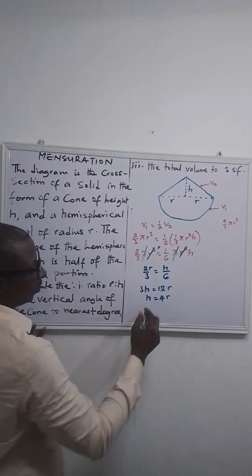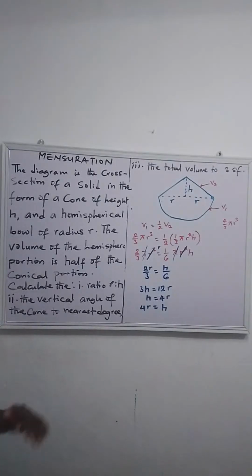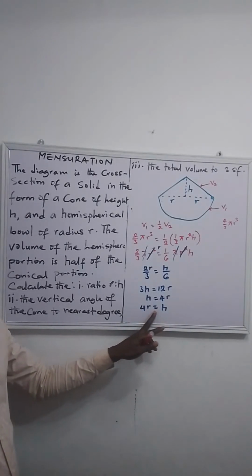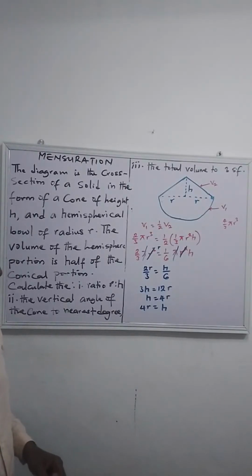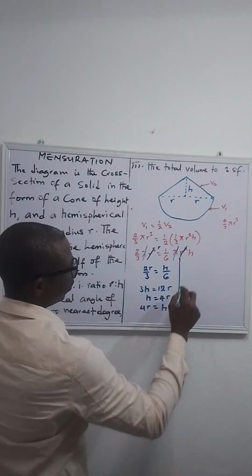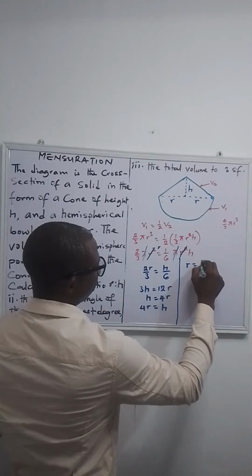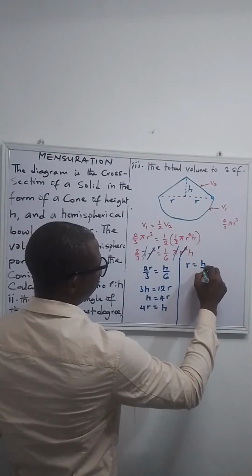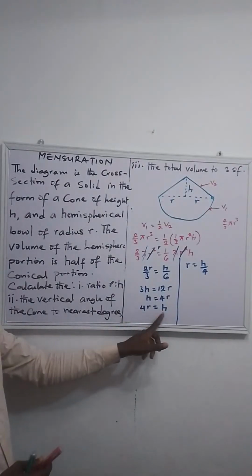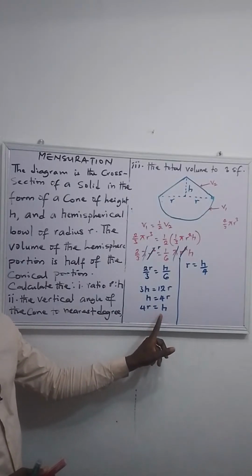Now I can write it as 4R equals H. Let me divide both sides by 4. Then I will have R equals H over 4. Do you understand that? You divide both sides by 4, so this 4 goes and we have 4 under this place.